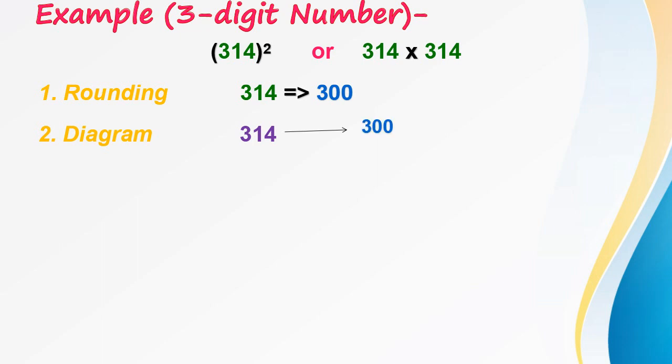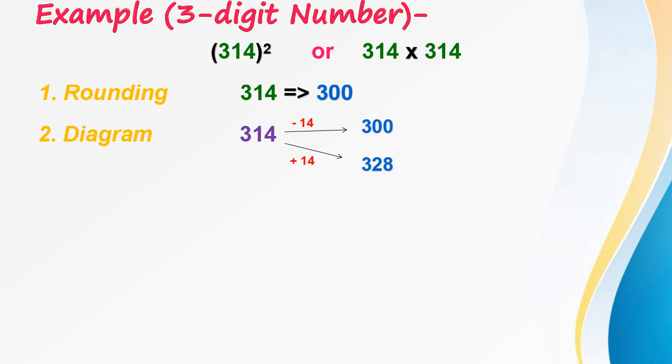To get 300 from 314, you will subtract 14. Next, do the opposite and add 14 to 314 to get the number 328. Keep 14 in mind because we will square it in step 4.